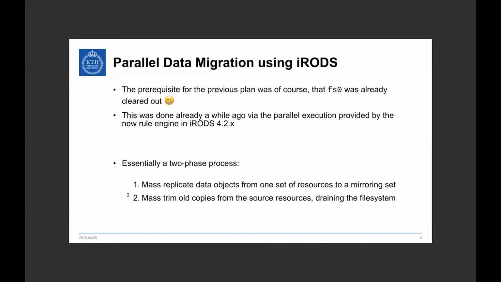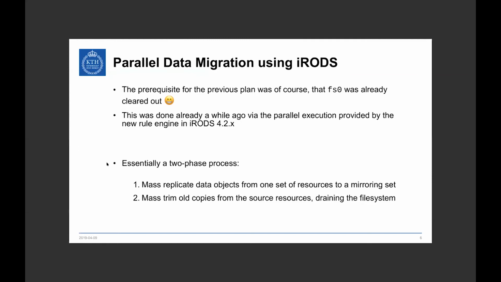And the first step was done quite a while ago, because this work has been standing in line waiting to be done, and we were able to do this with the parallel rule execution engine. And with Jason and Terrell, we devised this process.